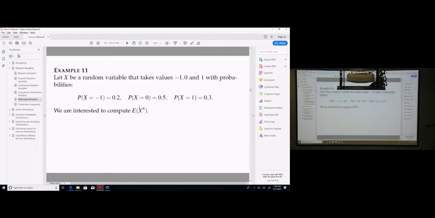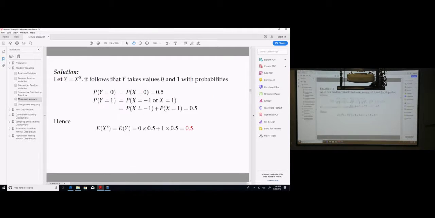In order to calculate X to the power 8, I'm interested in this number raised to the power 8, and I'm interested in taking the average. So the first thing is, if I take Y equal to X to the power 8, Y can only take two possible values, either 0 or 1.